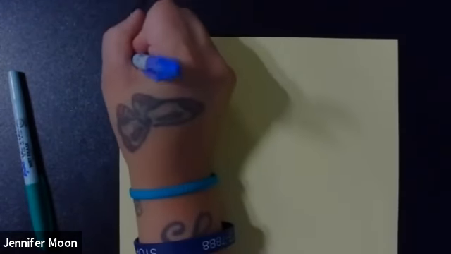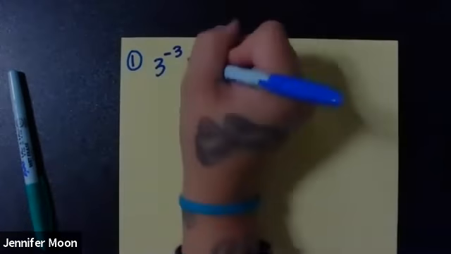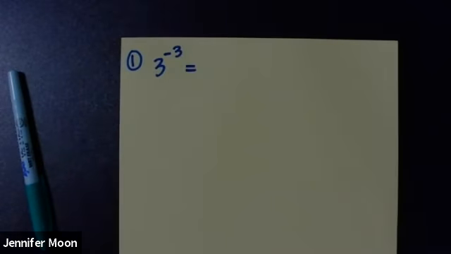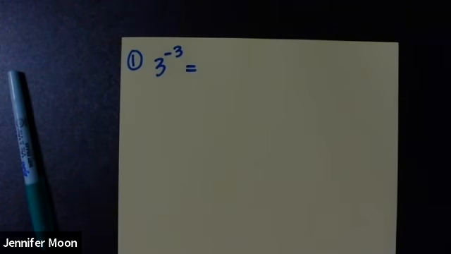Okay, here's my first example, y'all. It is 3 raised to the negative 3 power. Is that in fractional form? No. So if it starts and it's not in fractional form and it has a negative exponent, I put it in fractional form, right?